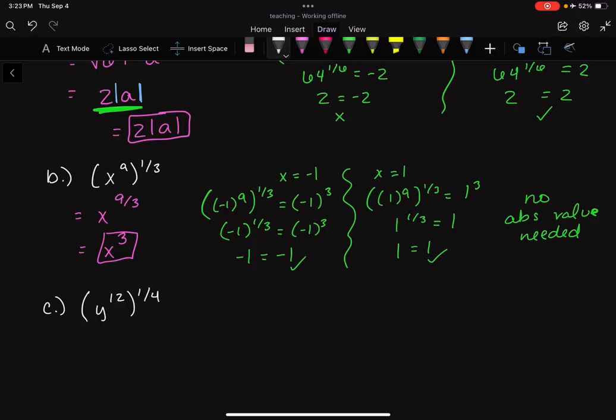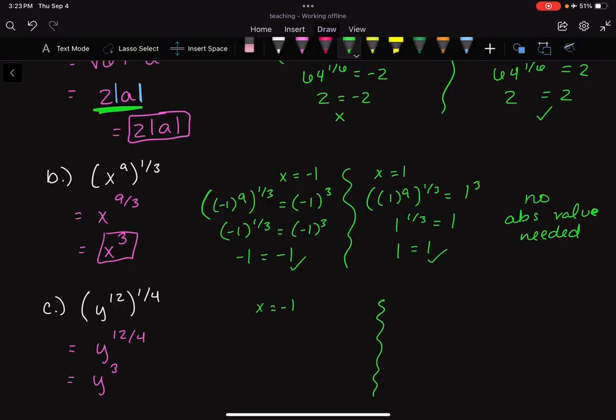This one is y to the 12th to the 1/4. So I simplify, I get y to the 12/4. That would just be y cubed, but I've got to check, do I need absolute value bars here? So let's see.